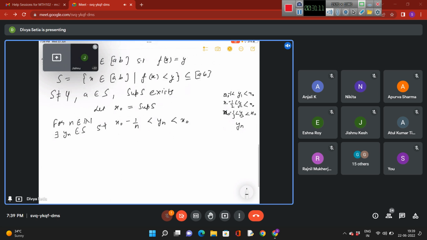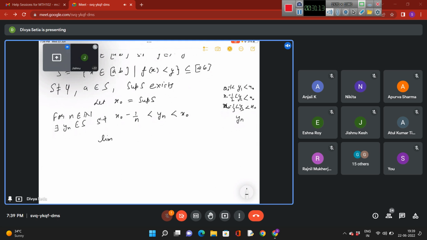Now what about the limit of yn? Same argument that we did in the last theorem yesterday. What should be the limit of yn? x naught.